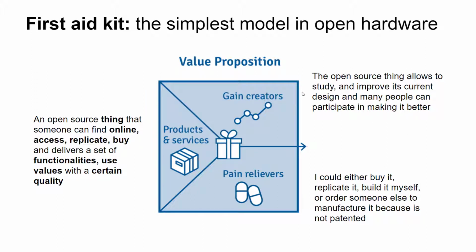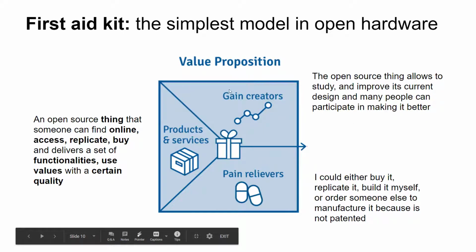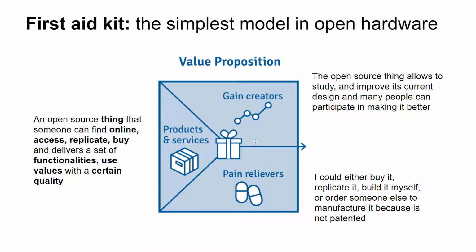And this flexibility allows also the improvement of knowledge, and that people can actually learn about design and engineering, and many people can participate in the process of technological development. So this is, I guess, common for every open hardware project, and it's like the generic value proposition, if you like.